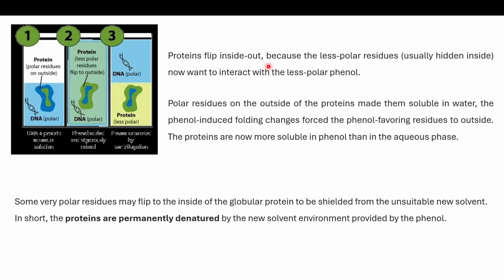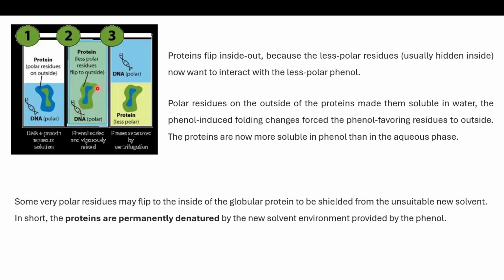So proteins flip inside out because the less polar residues, which are usually hidden inside, now want to interact with the less polar phenol. The polar residues on the outside of the proteins made them soluble in water in this case, and the phenol induced folding changes forced the phenol favoring residues to the outside.